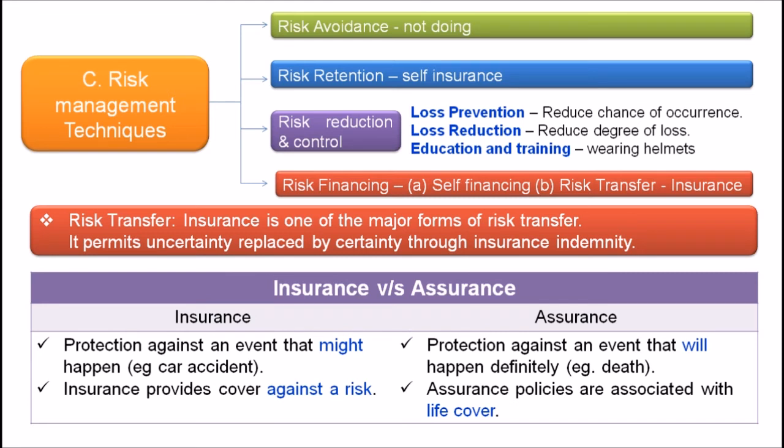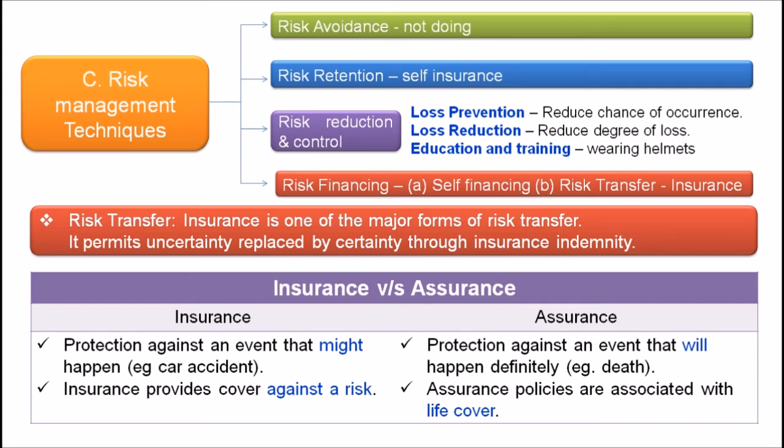Then you may have the doubt, what is insurance and assurance? Dear friends, there is a little difference. Insurance means protection against an event that might happen, meaning there is a chance of happening. There is no guarantee that it will happen. For example, if I take a car, an accident may happen. There is no definite accident. Whereas in assurance, if I take 100 cars, what is the percentage of getting an accident? Say 10 to 30%.